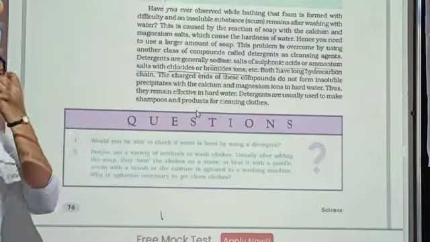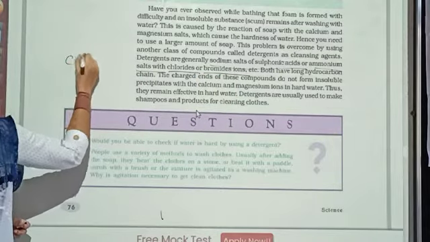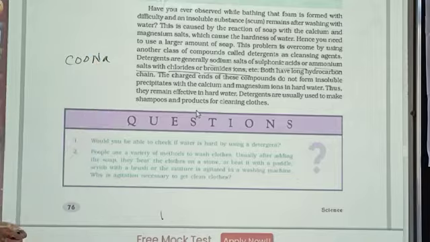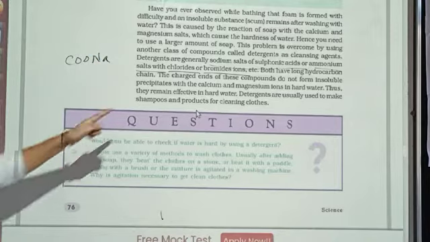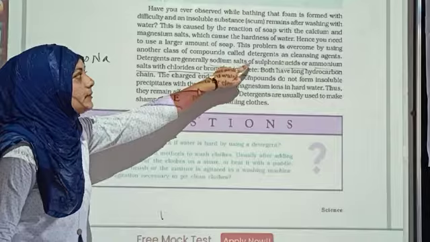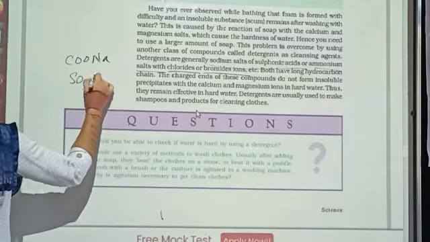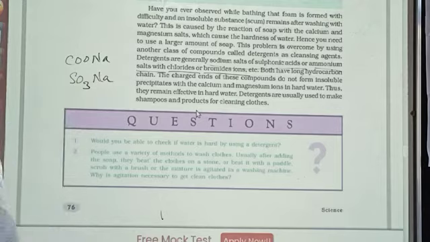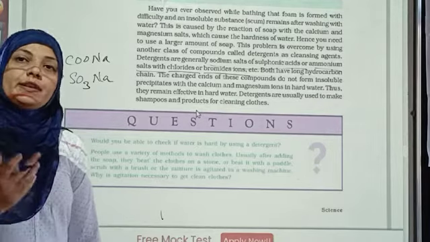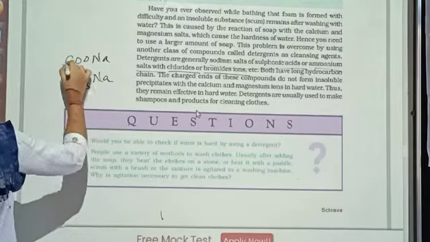So dear student, very important. See, we were using COONa. हम COONa यूज करते थे. इसकी जगह पर हम क्या यूज करेंगे? सोडियम सॉल्ट ऑफ सल्फोनिक एसिड, SO3Na. We are going to use the sodium salt of sulfonic acid. What is the problem over here?